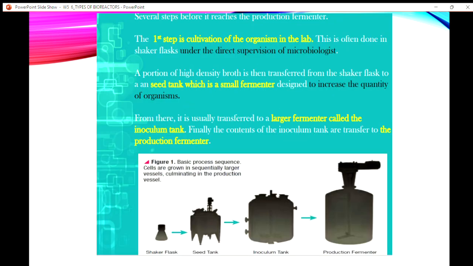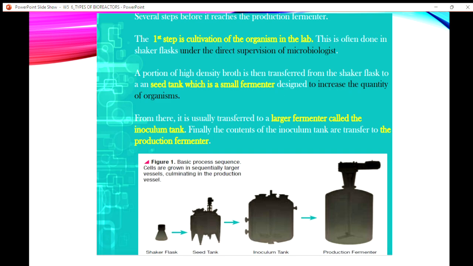Okay, next is the steps involved in bioreactor. Okay, particularly if you are using a bioreactor, you should use a shaker flask first to cultivate your microbe. Okay, once you have cultivated the microbe, you will transfer it into a seed tank. Okay, this seed tank is to multiply your microbe.